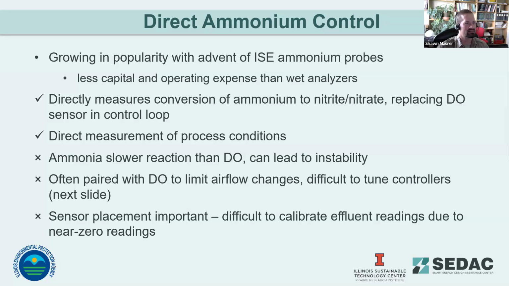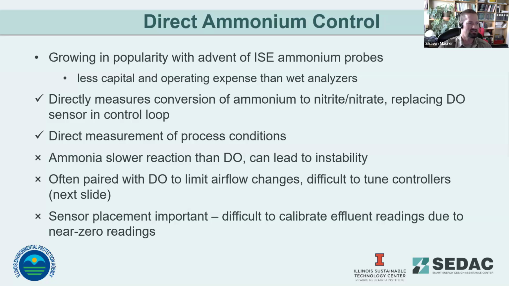But now that we have ion selective probes, you're getting a direct reading in the process with rapid results so that you can now update your process according to your needs. It's a direct measure of ammonium nitrate in the water that can replace a DO sensor in a control loop. It's a direct measurement of your process conditions, so there's some benefit there.